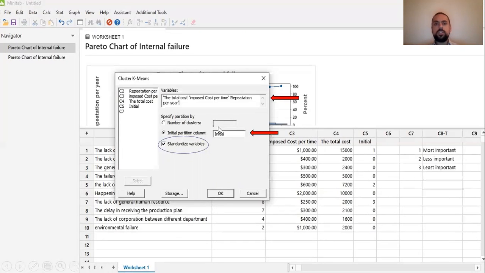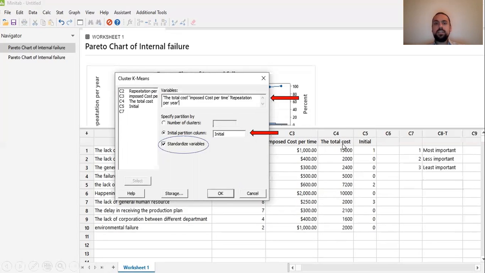You can enter 3. But there is a point. Please pay attention that if you select this one and specify 3, according to the information of the Minitab, it considers the first 3 rows.